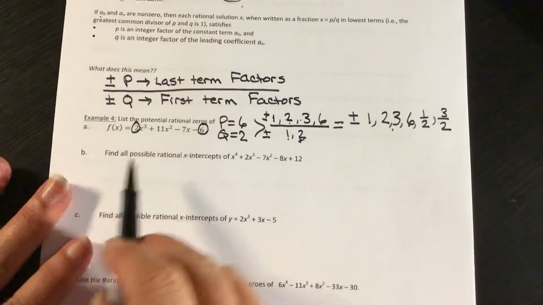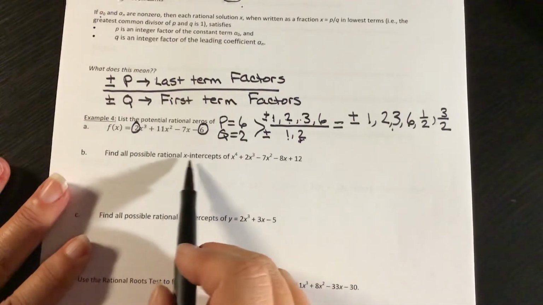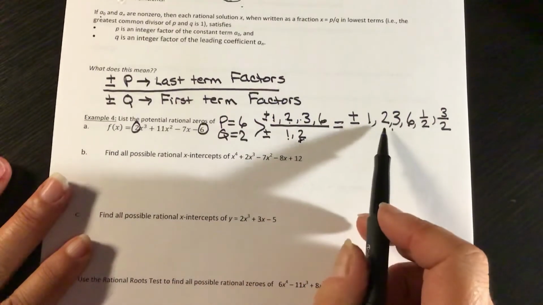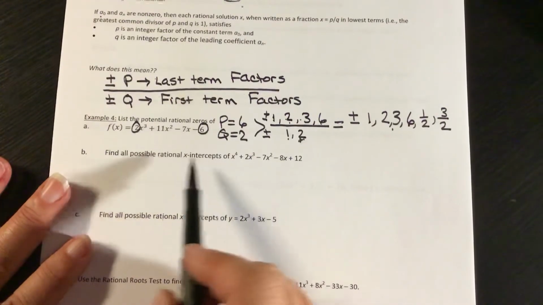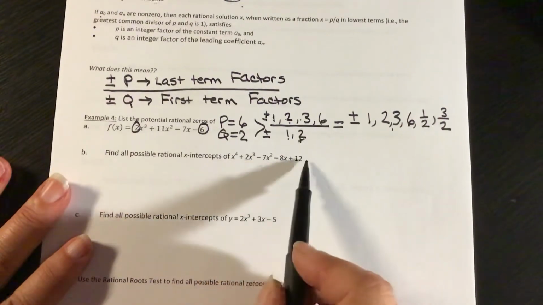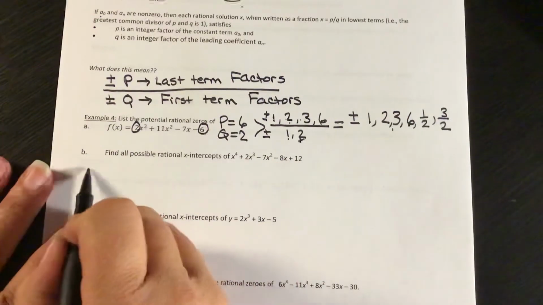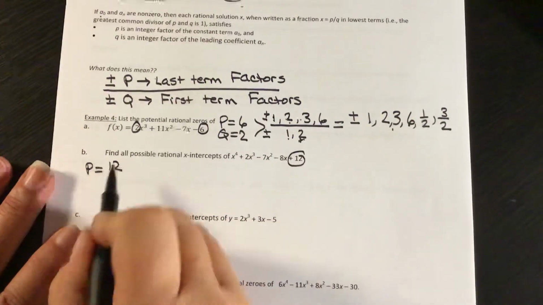Okay. So then it says find all the possible rational x-intercepts. That's the same thing: the solutions, the intercepts, the zeros, the factors that come from this polynomial. In part B, my p value, the ending term, is 12.